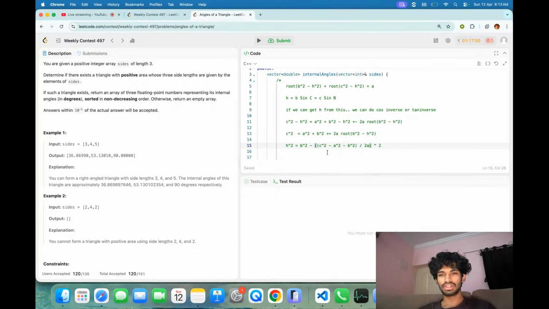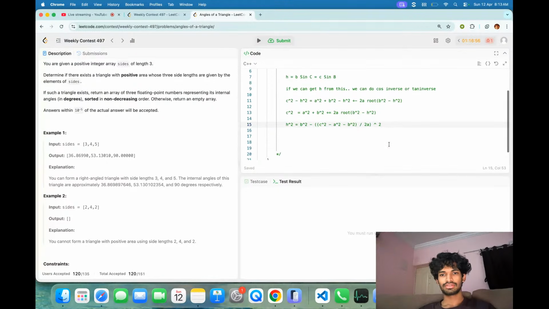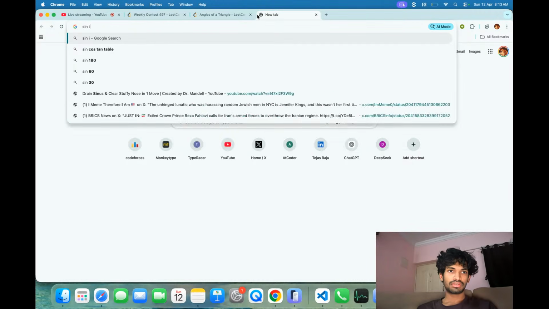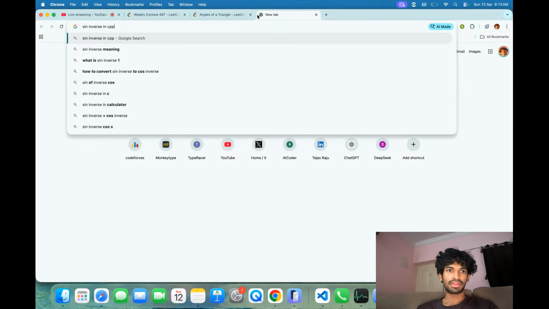So this is the answer, whatever it is. So we have h, and then we will get sine inverse of. I can Google sine inverse in CPP.